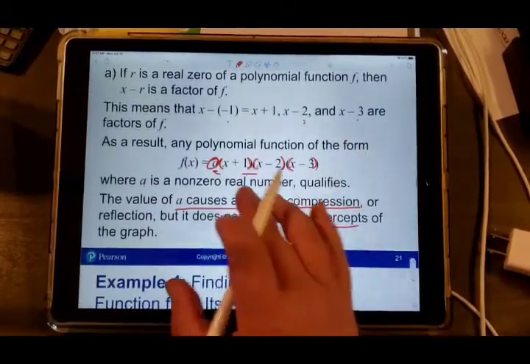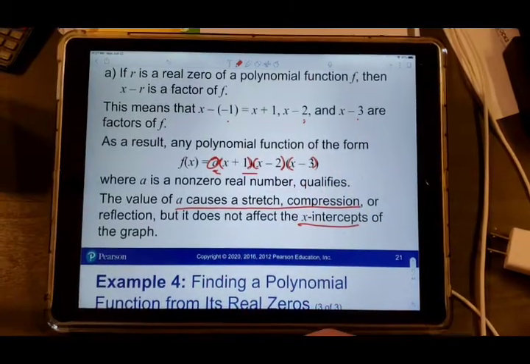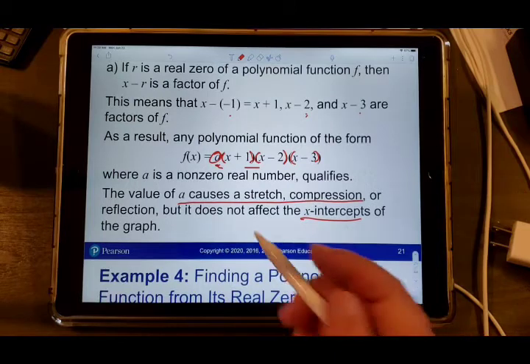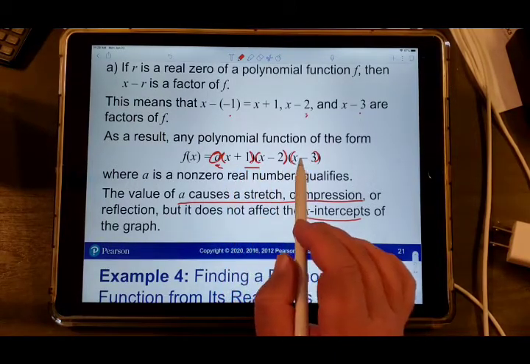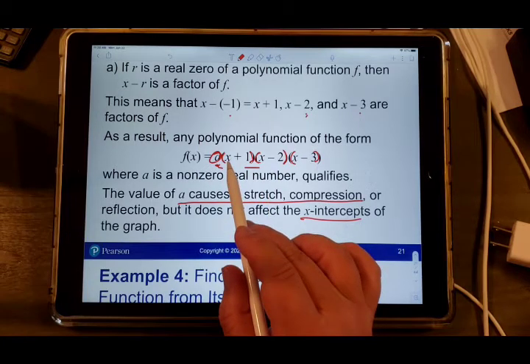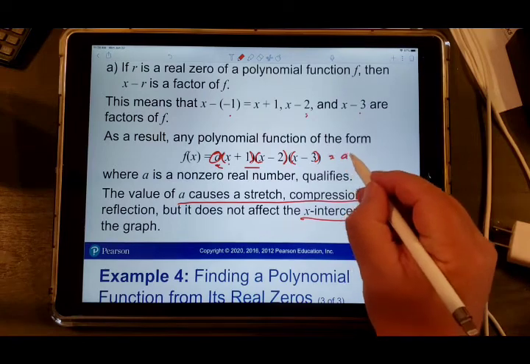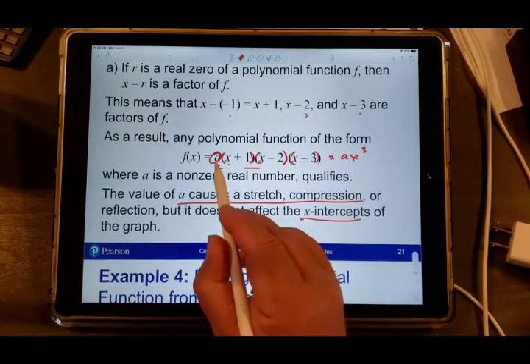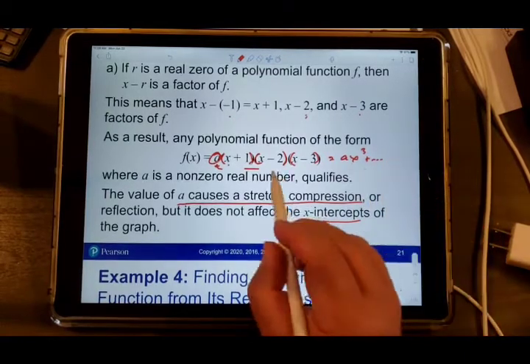And by the way, how do we know this is degree 3? Well, this is the mental multiplying I was talking about. I wouldn't want you to do the whole multiplication back into a polynomial, but we do know that when we did this x times this x times this x, we would get x cubed times a. And by the way, what would happen at the end?